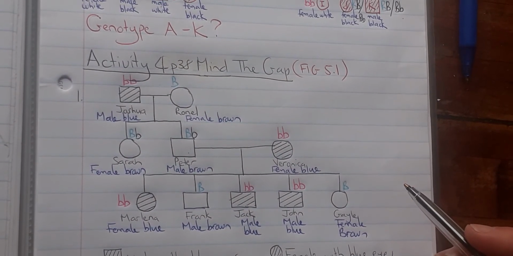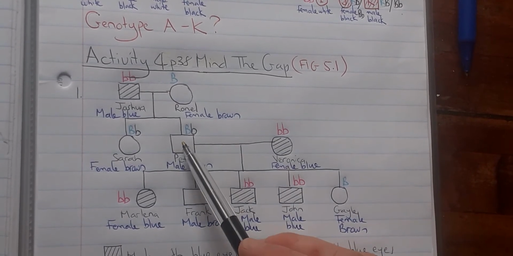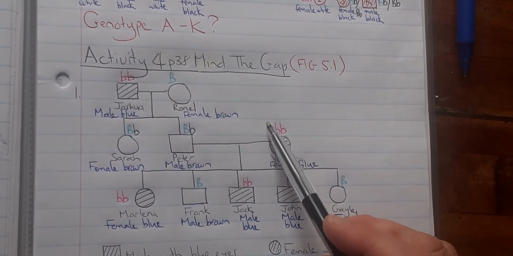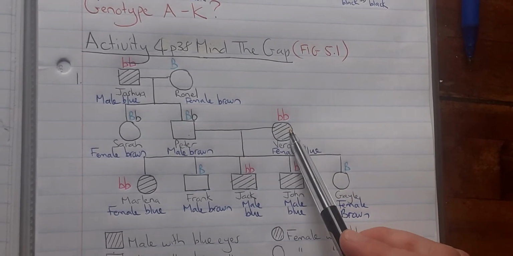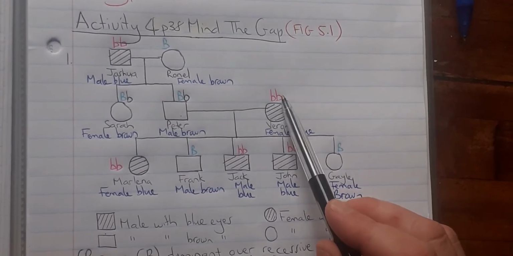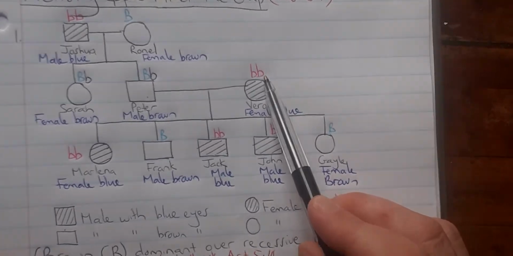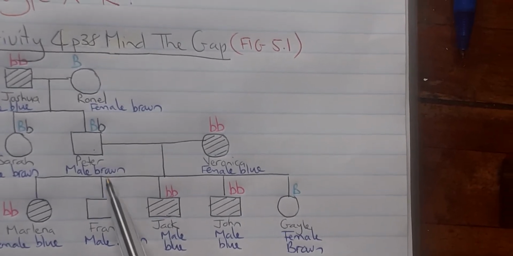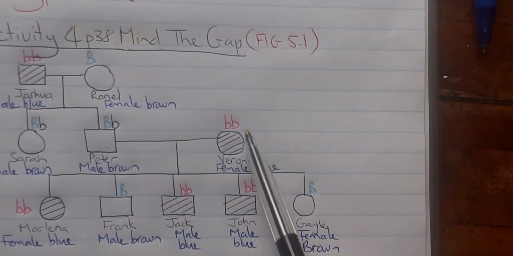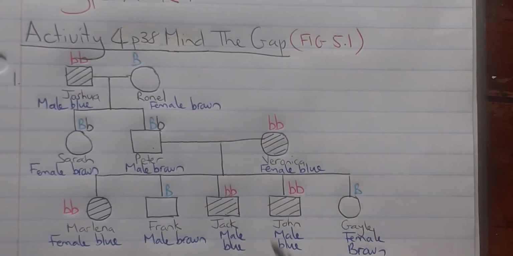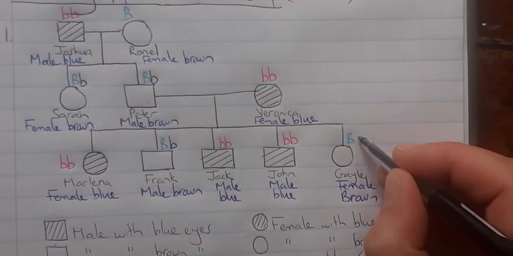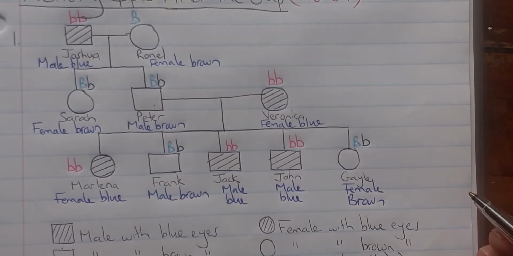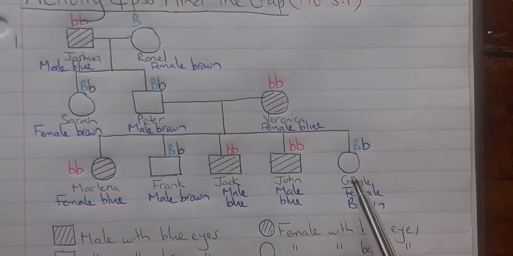Right. Then again, these two parents, the one has the recessive condition again. So they have got to get one allele from one parent and another allele from another parent. So again, this is big B, small b. Okay, there we've got all of them.